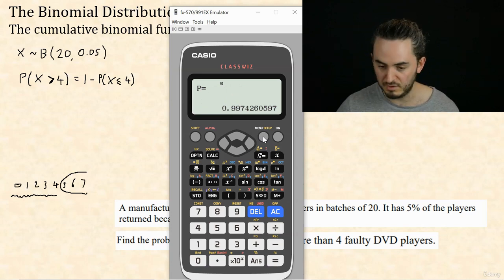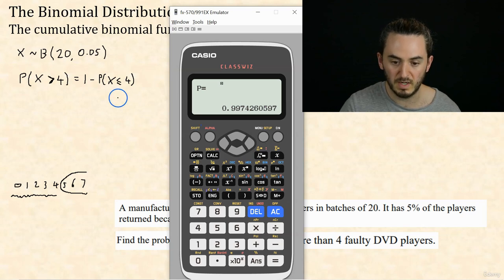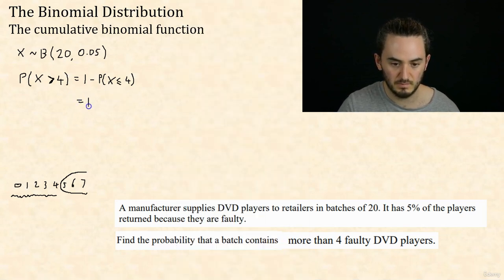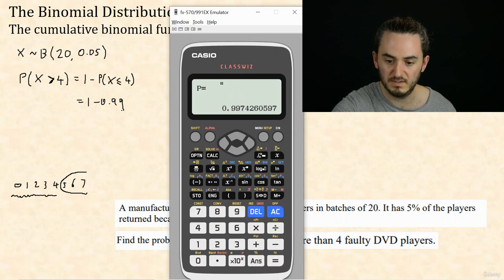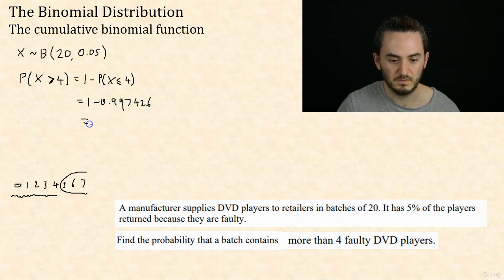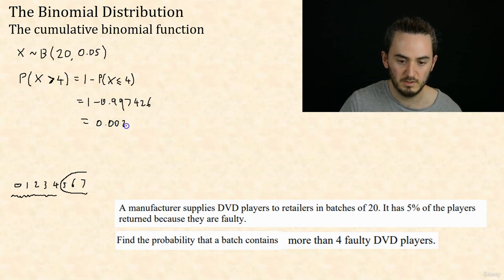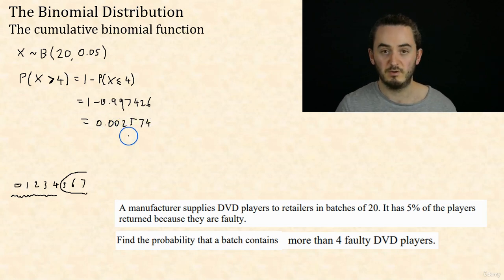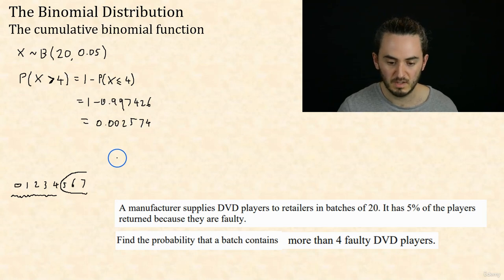Now I want to do 1 minus that. So 1 minus 0.997426. Working this out, that's 0.002574. So there's our answer to 4 significant figures.